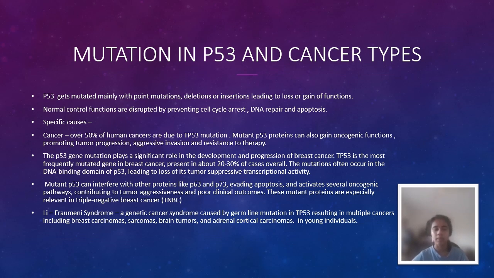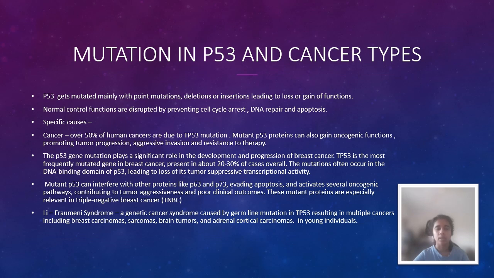Most of the time, individuals with this mutation don't survive. These mutated proteins are especially relevant in triple negative breast cancer, which is very serious. p53 mutation is also known to cause lung cancer, ovarian cancer, colorectal cancer and various other cancers.